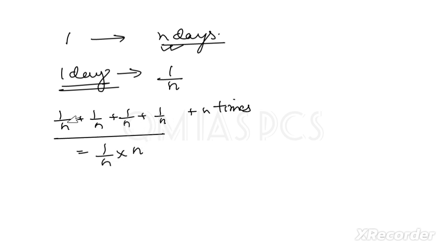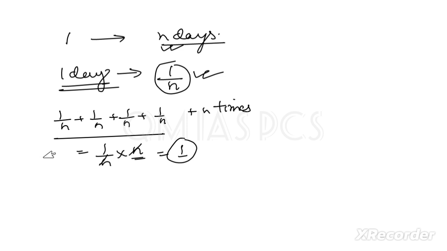If there are n numbers of 1 by n, you multiply 1 by n by n, so this n will be cancelled out and you will get 1. That means for complete work you will take n days, and in one day 1 by n work is done. So this is the efficiency in fraction form.